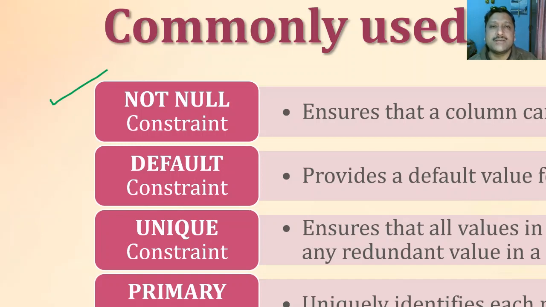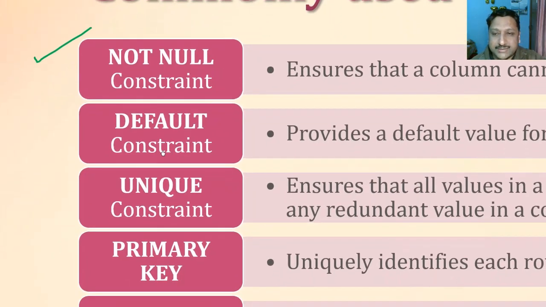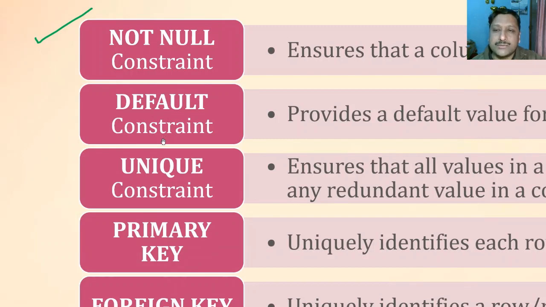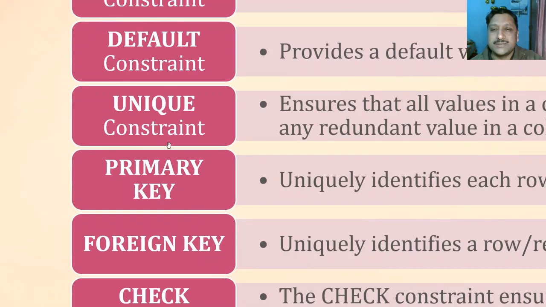If you are inserting some record, you can't skip this field which is designated as not null. Then the default constraint is there. If you don't give any value for a column, the default value will be inserted automatically. Then the unique constraint is there.